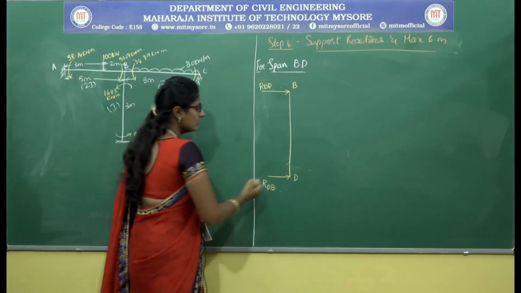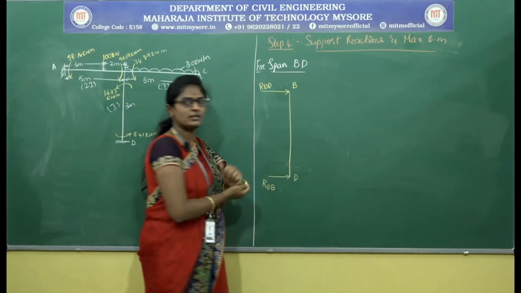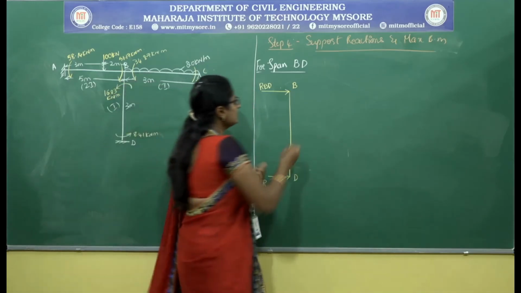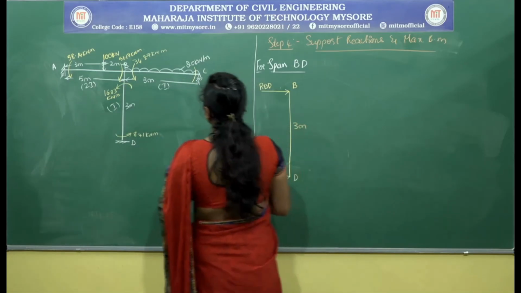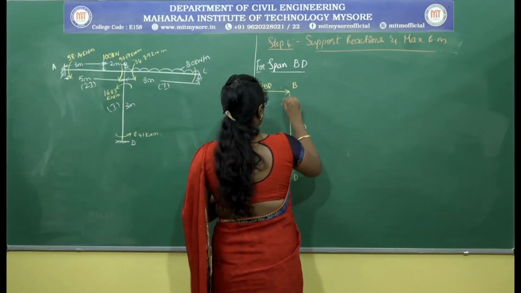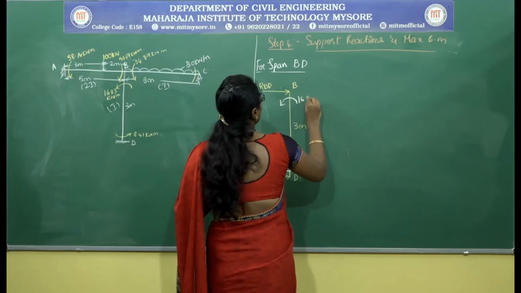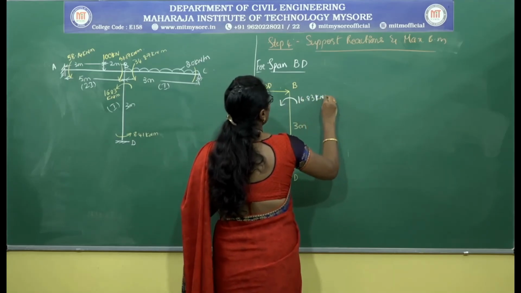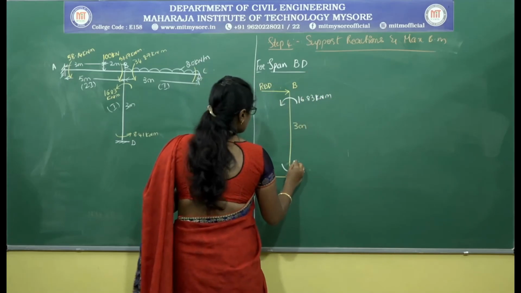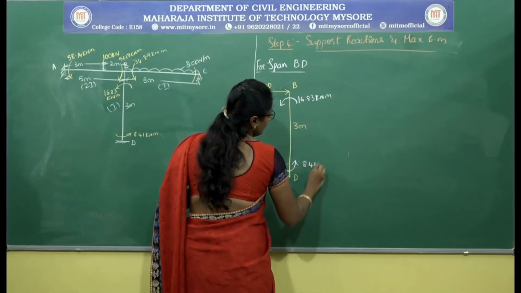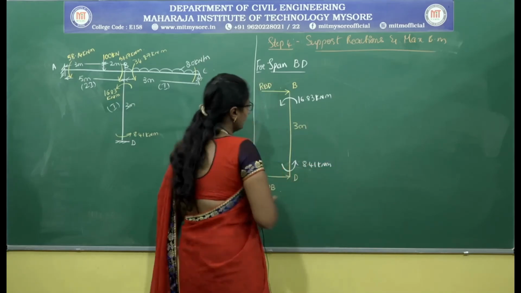So according to me, the force acting towards the right is positive. So in this case, I need to calculate the end moments: it is minus 16.83 kilonewton meter, and here it is minus 8.41 kilonewton meter.